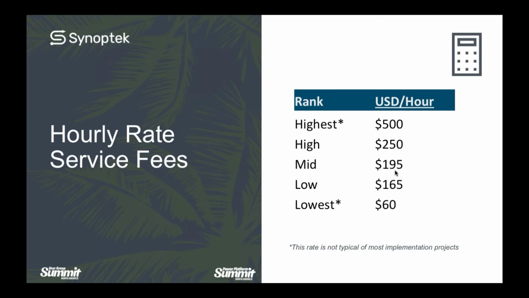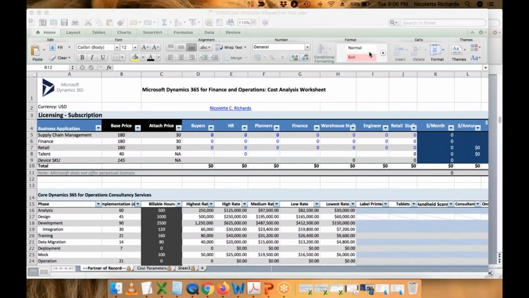Suppose that you are an organization operating supply chain, HR, you have a few HR users, you've got planning, finance and operations, so you're going to have some finance in there, and you have some warehouse staff as well as some engineers, and we're not going to do retail, but if you were doing retail, of course, you'd plug in those numbers.